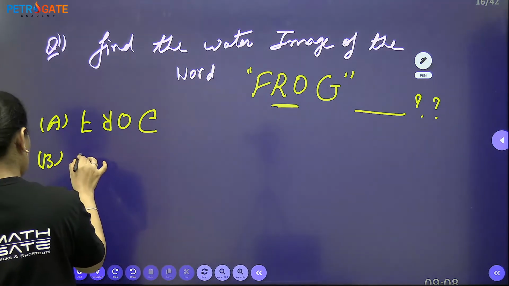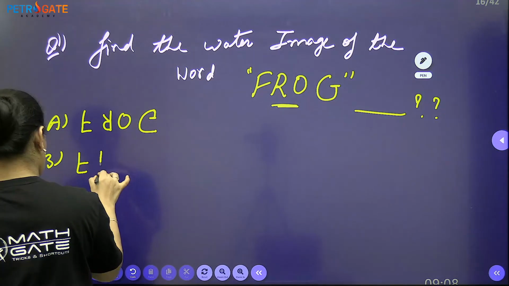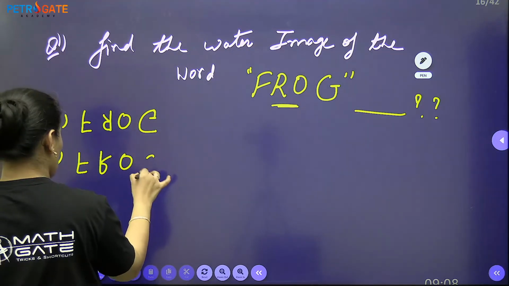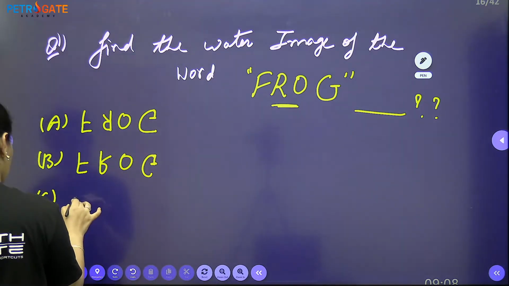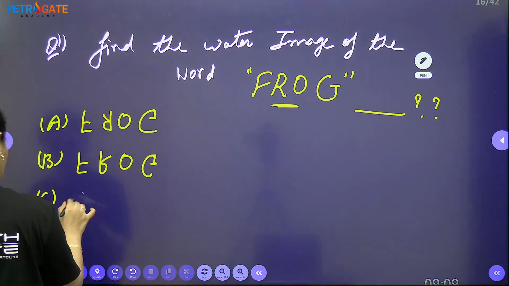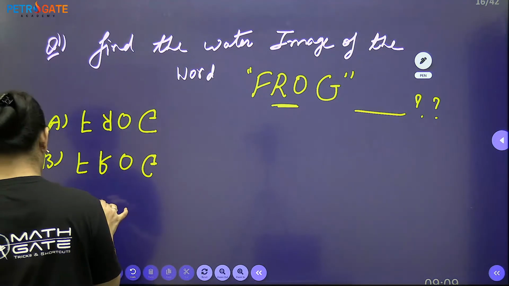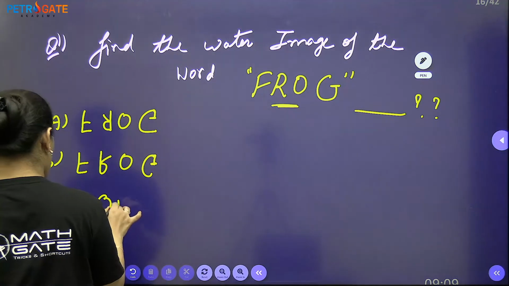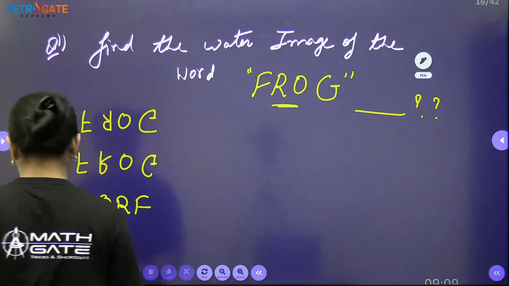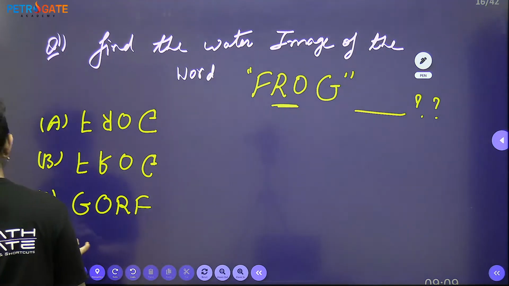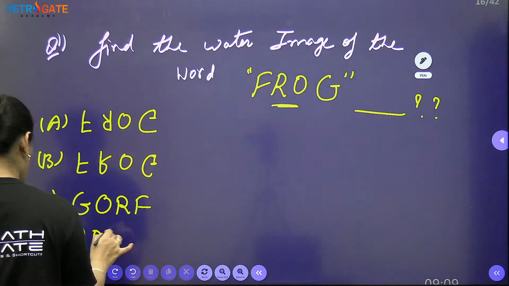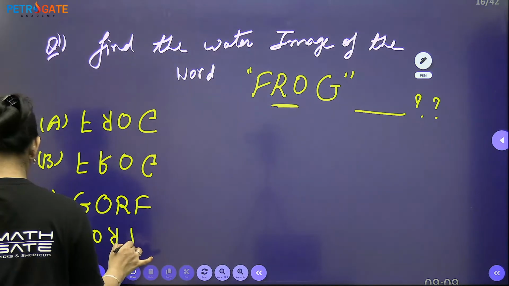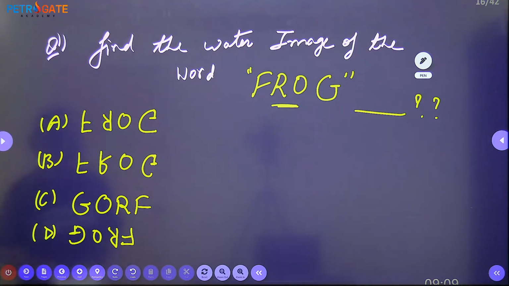And the second option is F R O, and it looks like G. The next one is G O R F, and the last one is G O R F.